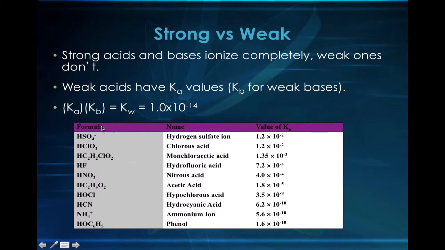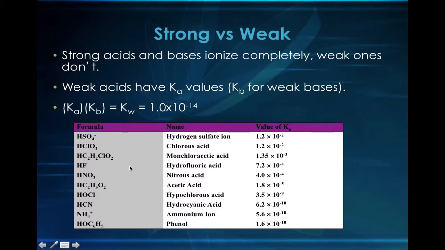So ice tables again. A good relationship to remember is that the Ka times the Kb is always equal to the Kw. If I'm talking about a weak acid's Ka times the Kb of its conjugate base, it will give you Kw, which is 1 times 10 to the negative 14th.